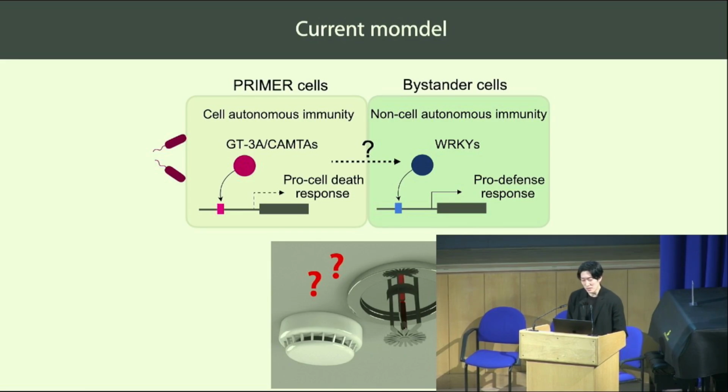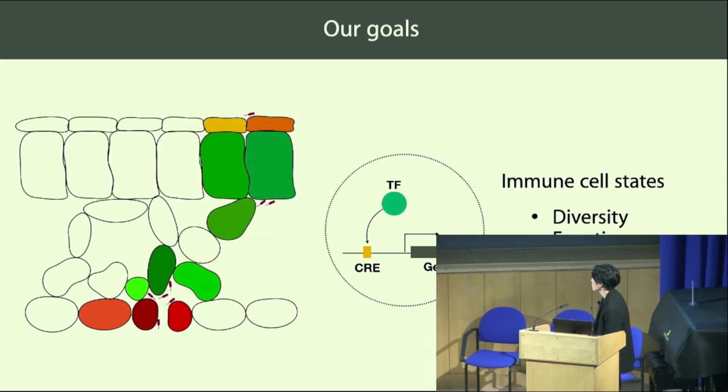But I'm happy to be proven wrong. But the point here is that even without the specialized immune cells, plant cells can flexibly change their states and coordinate with each other to deploy this multicellular immune network. And I think we've just started to understand this, which is very exciting to me.